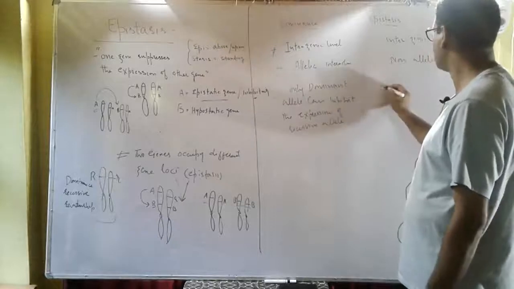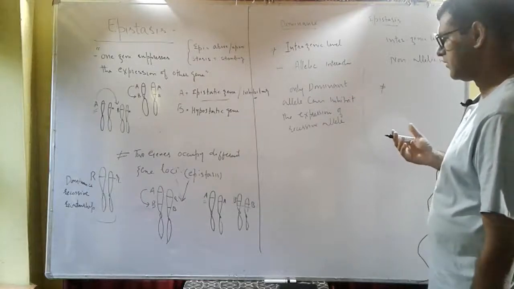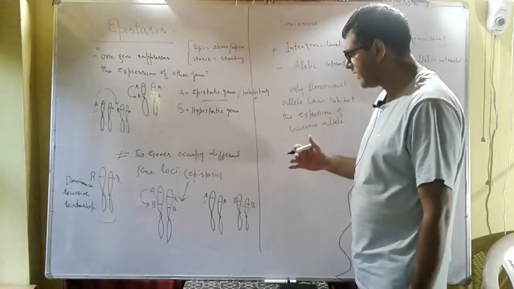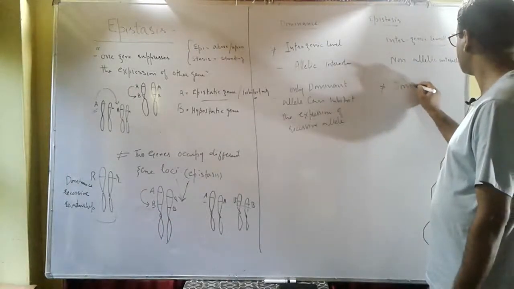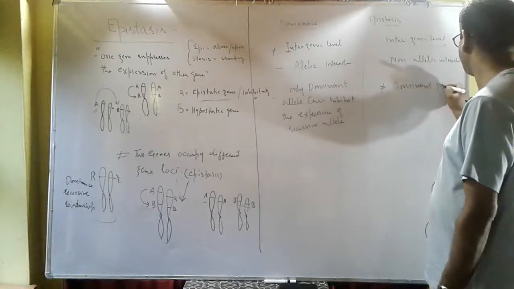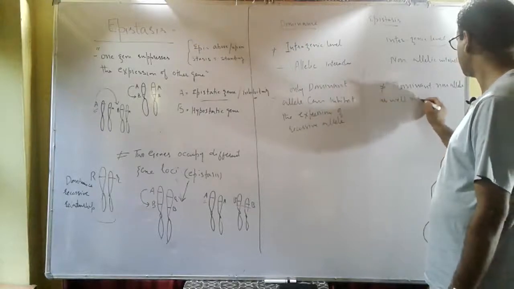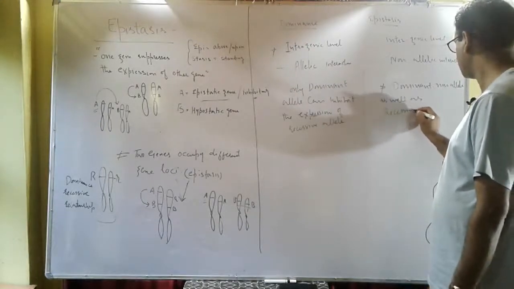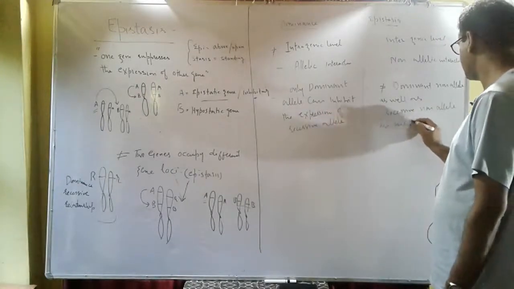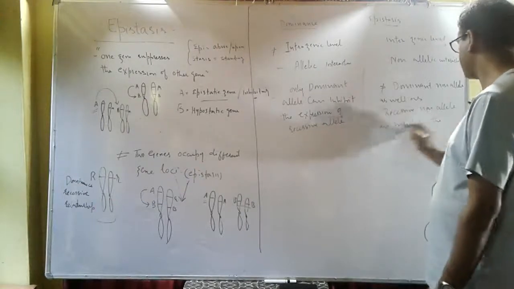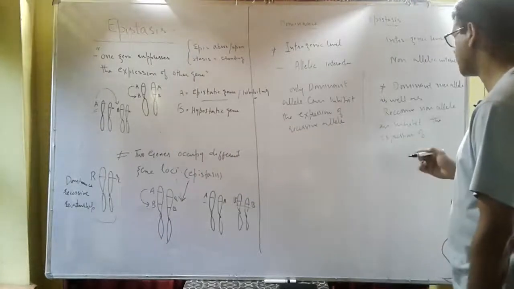Whereas in case of epistasis, a dominant non-allele as well as a recessive non-allele can inhibit the expression of the other gene, whether dominant non-allele or recessive non-allele.